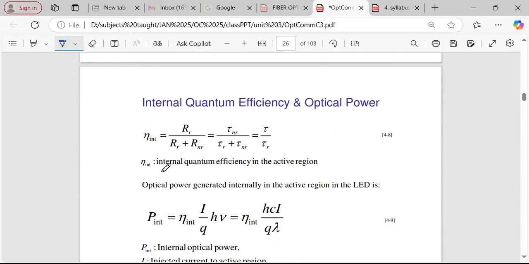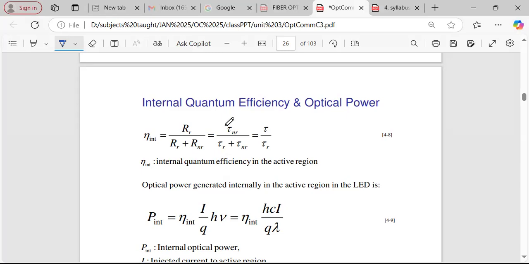Now this is the base formula. Next we have to calculate the internal quantum efficiency. So what do we mean by internal quantum efficiency? Internal quantum efficiency is given by the fraction of electron hole pairs that combine radiatively.